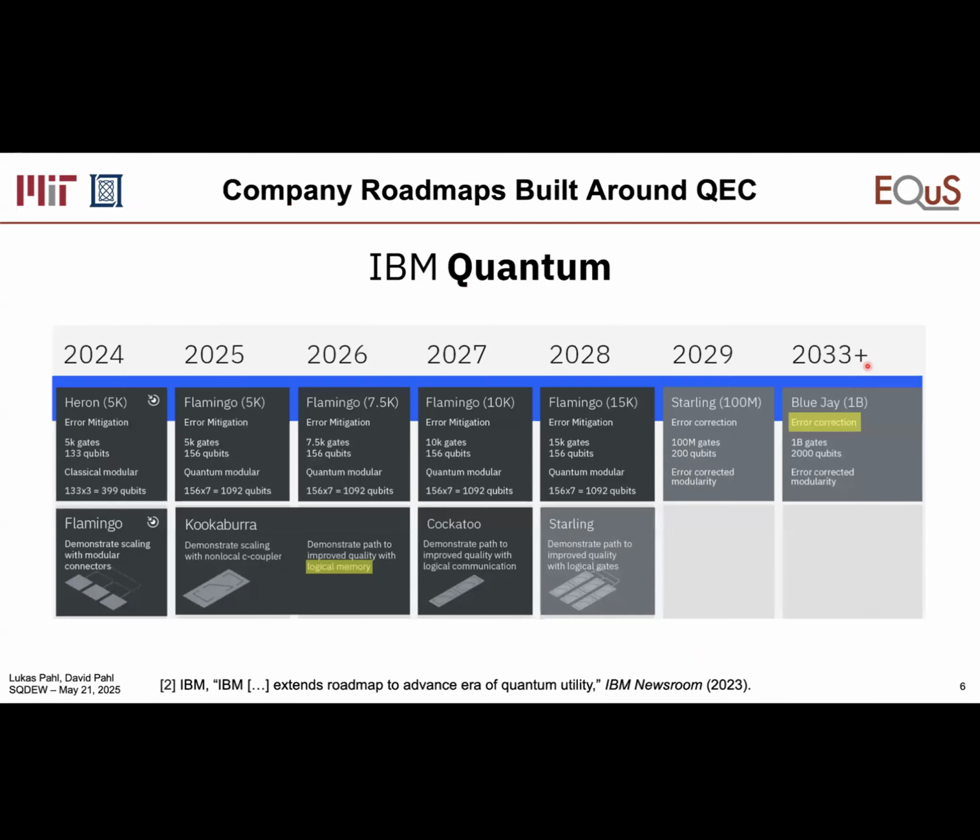And just to give you another motivation, I'll peek into the industry, the IBM quantum roadmap. You can see that their near-term goal that they're working on, 2025, includes a device that has non-local coupling. They want to do logical memory, and even their long-term goal has error correction built into the roadmap.